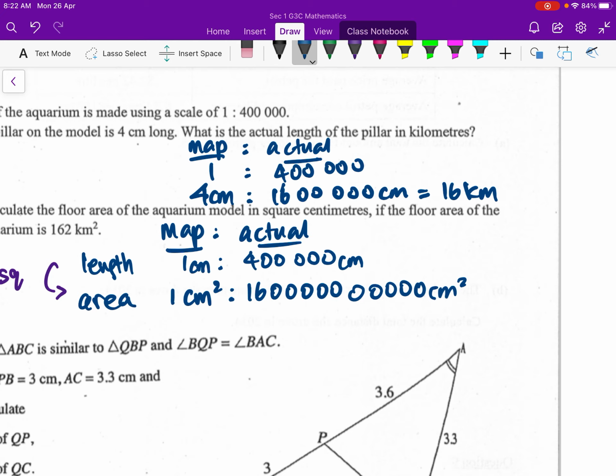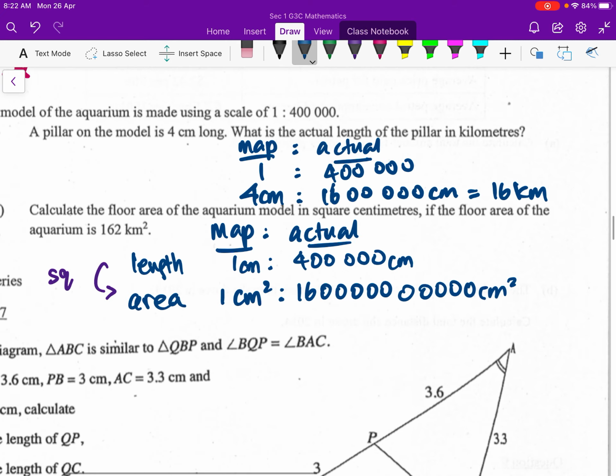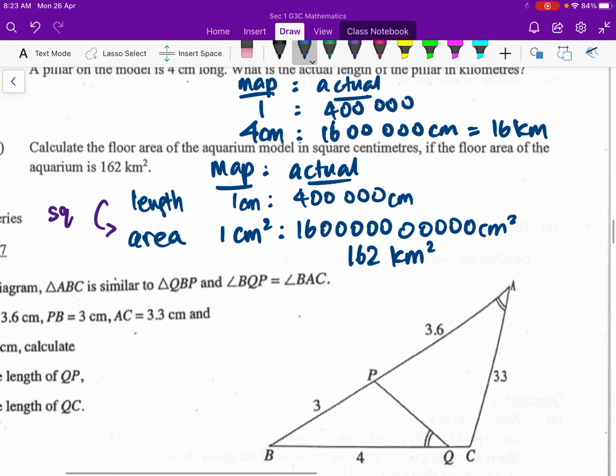Now the ratio of the area is as such, and they are telling us that the actual floor area is 162 square kilometers. Now you should be wondering, how am I supposed to convert square kilometers to square centimeters? Now let's switch over to the other side and find the corresponding area on the map. So this is very troublesome. Can be done. If you're very careful, very exact, you will still get the correct answer. But like I said, we don't expect you to write so many zeros.